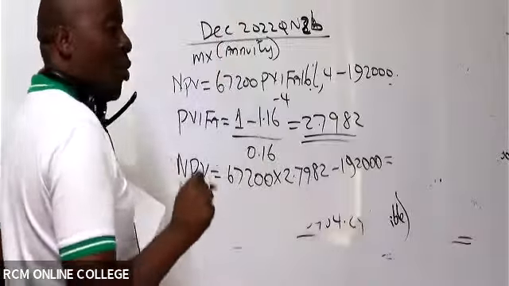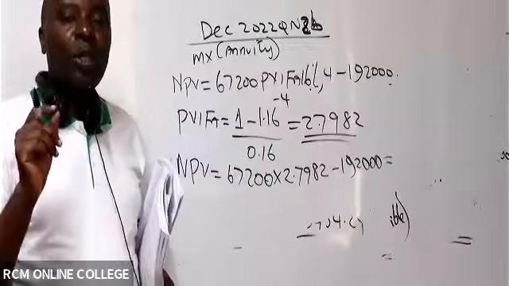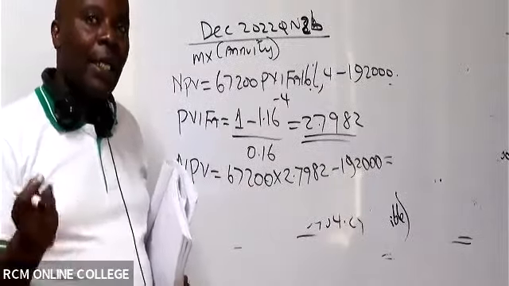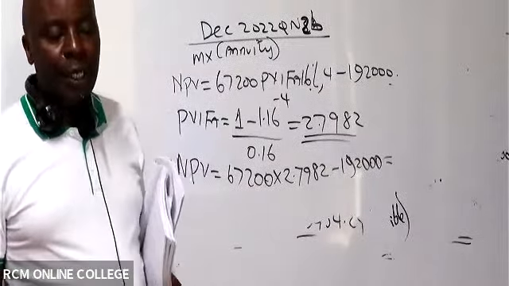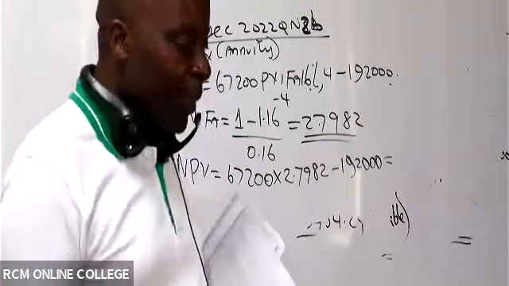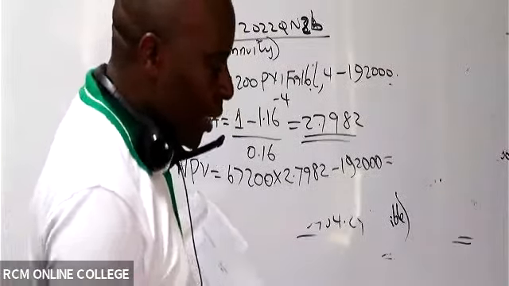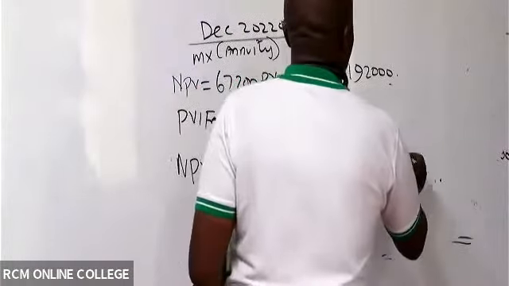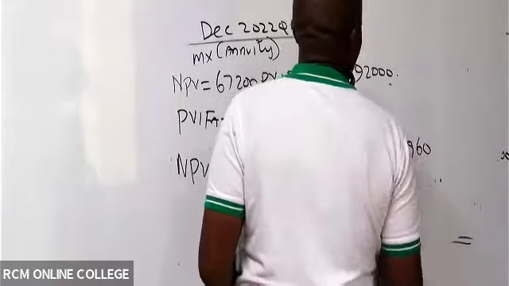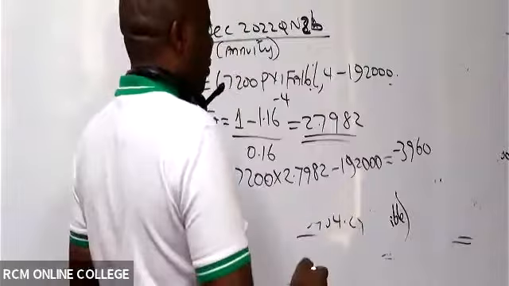I'm doing this because I want to prove to you that we are going to get the same answer at the end of the day, so that I will not leave you behind, imagining how come that guy never used PV-FA. We'll end up getting the same answer. Negative 39,60.96.